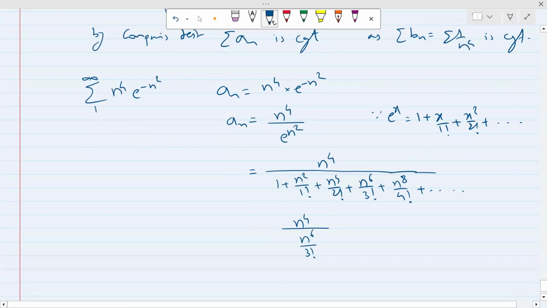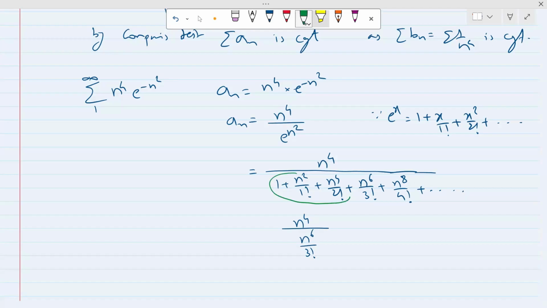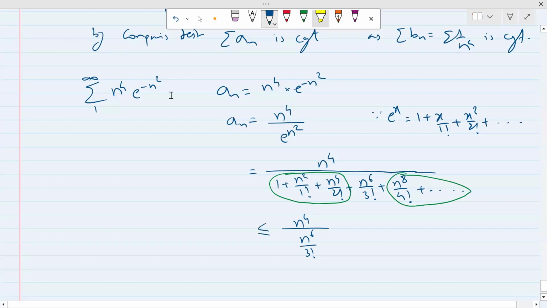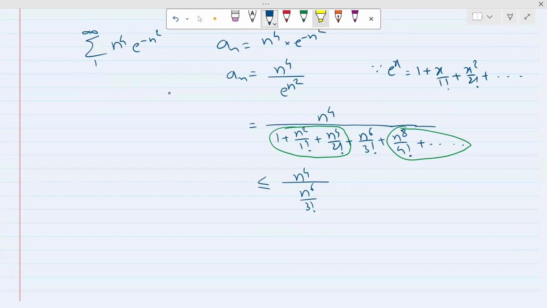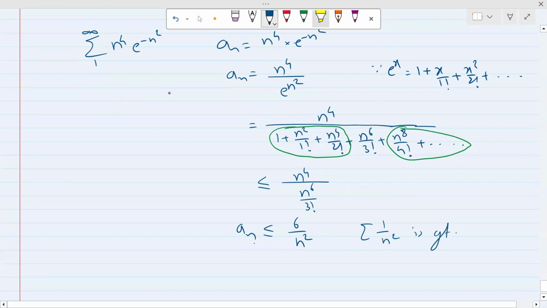Obviously, deleting terms makes the denominator smaller, so the expression is less than that, and we easily get the comparison. So what is this? This is 6 upon n square. It is obviously convergent by p-test. So by comparison test, summation an is also convergent.